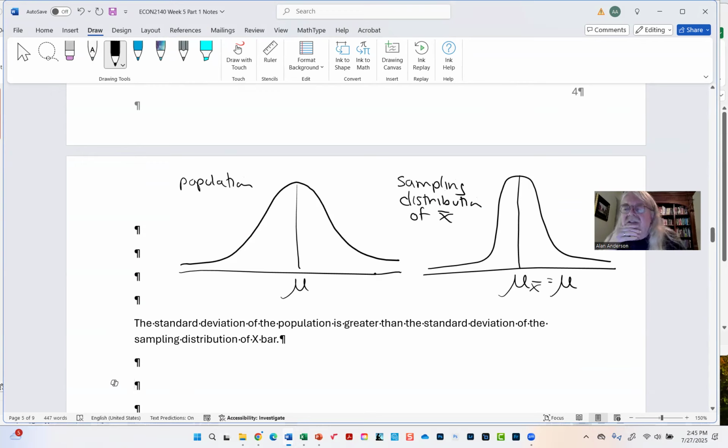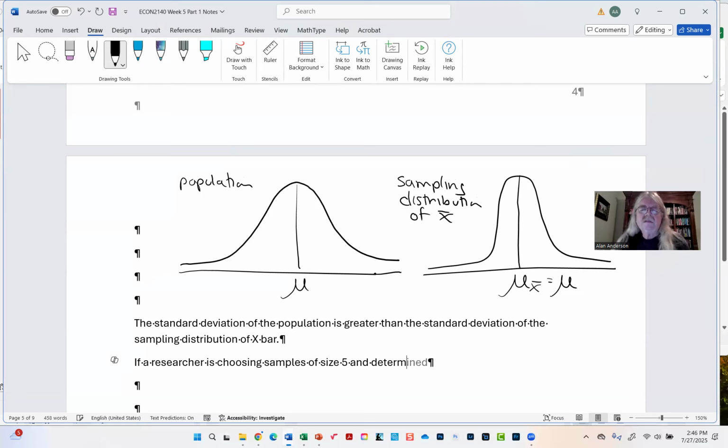The logic behind it is this. If you keep picking fairly large samples, the means will be closer to each other than if you pick small samples. Just as a quick example, if a researcher is choosing samples of size 5 and determining the sample mean age for each sample, the sample means can be very different from each other.